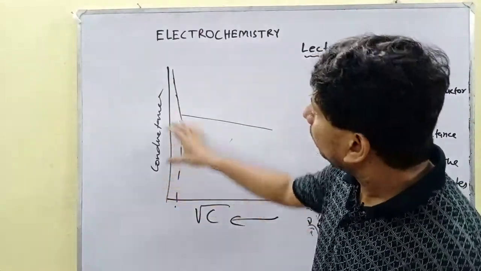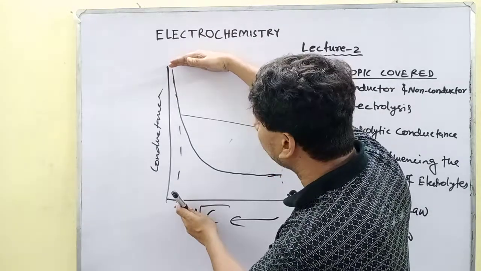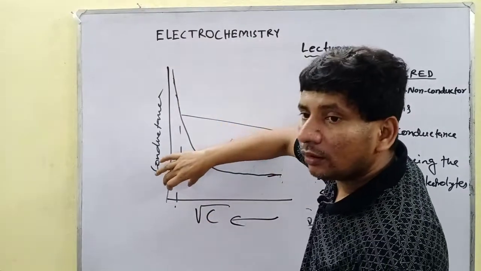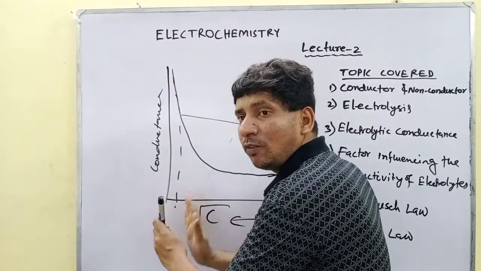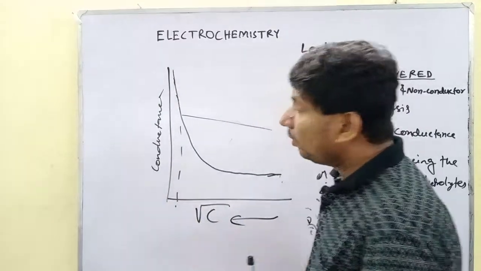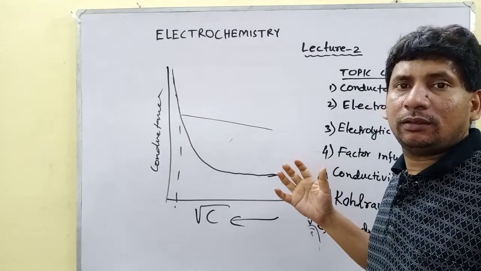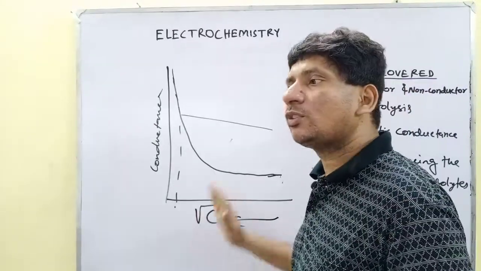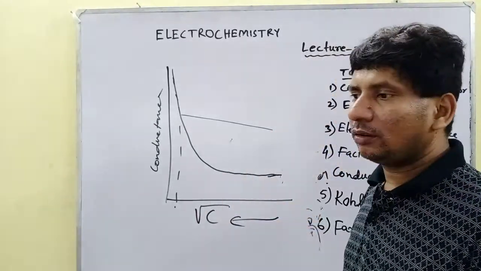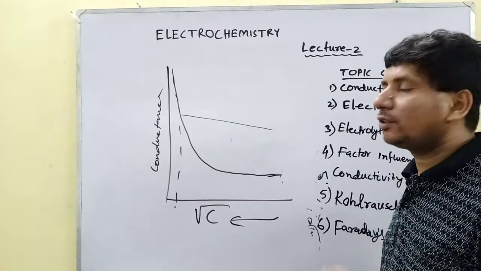Why? When the dilution is very high, at infinite dilution, there is a complete dissociation of the weak electrolyte. At very dilute solution, that means at infinite dilution, the complete dissociation of weak electrolytes occurs.